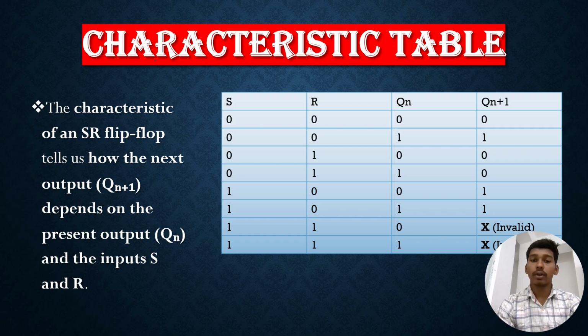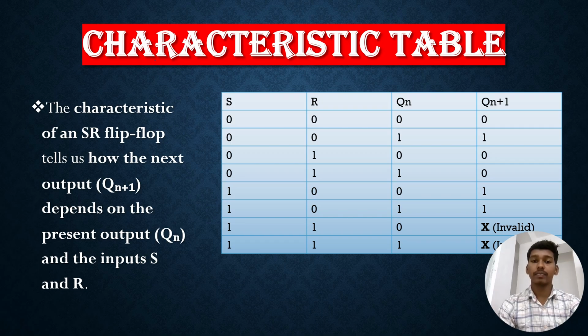Similarly, first both inputs are 0, and we get the output 0, which is one possibility. Similarly, both inputs are 0 and we have another possible output, 1. With three variables, there are 8 possible combinations for the SR flip-flop.